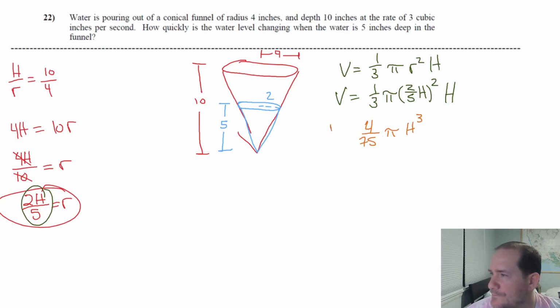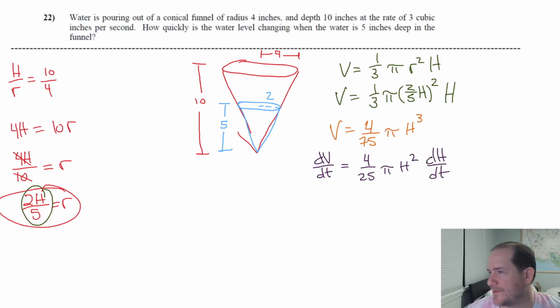Yeah, works for me. All right, so differentiate that. You're going to land on a dV/dt. That equals, let's see, multiply by 3, and that'll reduce down to 4/25 times pi times h squared times dH/dt.